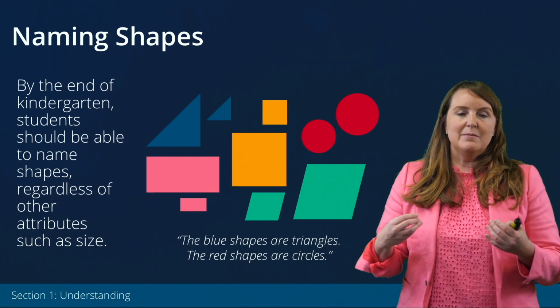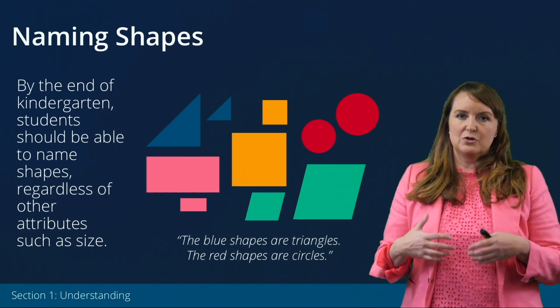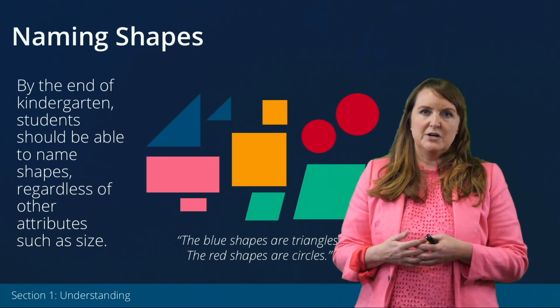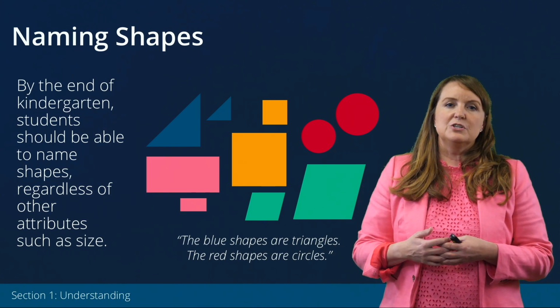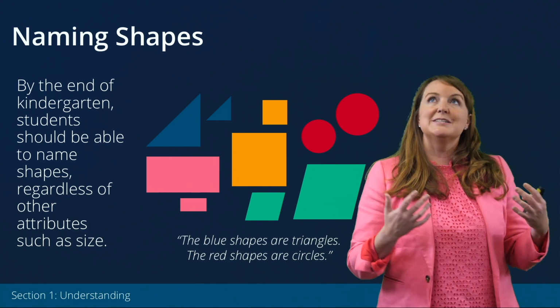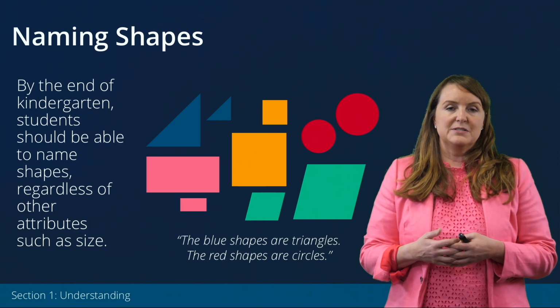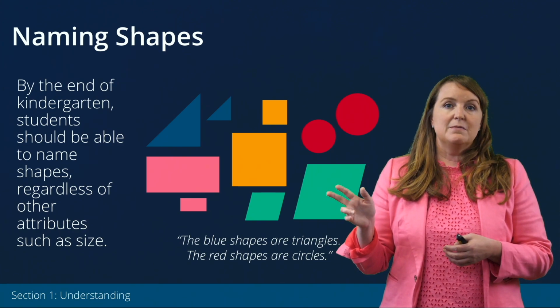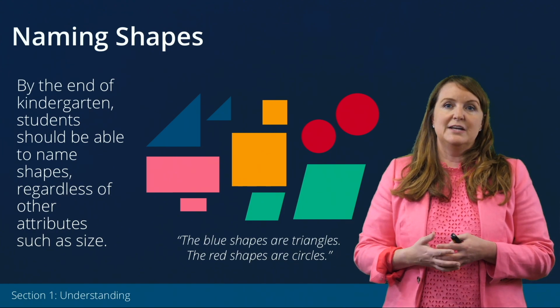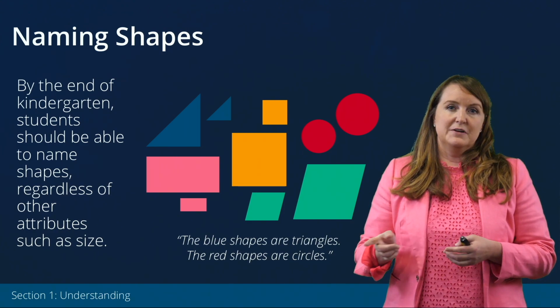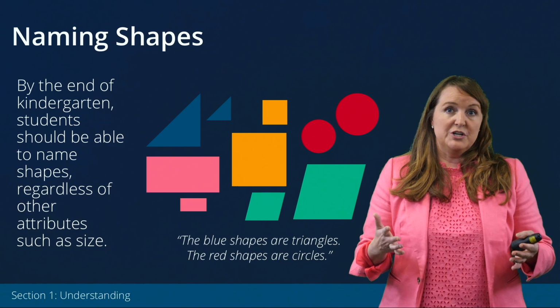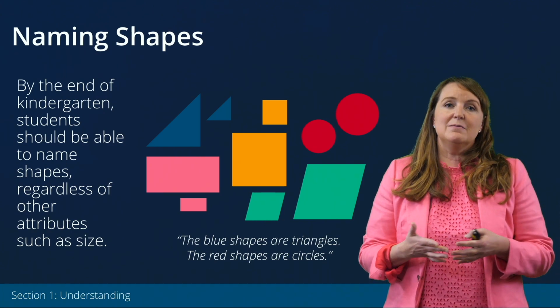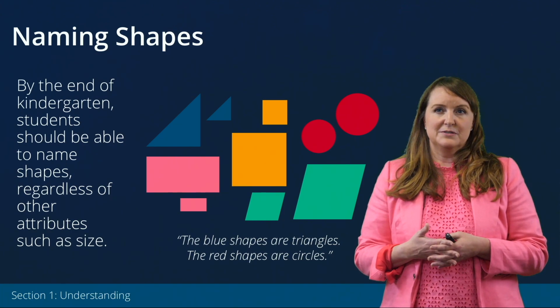We have common names for shapes, such as circles, triangles, rectangles, squares, and so on. Students should be able to look around their environment and identify some of the different shapes. They should also be able to look at different manipulatives or drawings and identify the different shapes. For example, here I see that the blue shapes are triangles and the red shapes are circles.